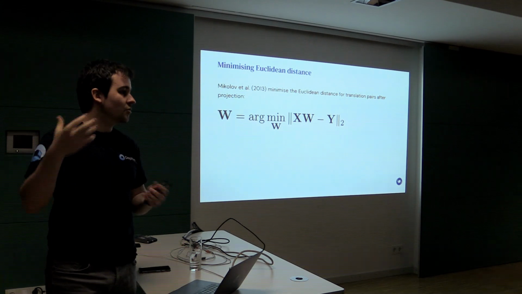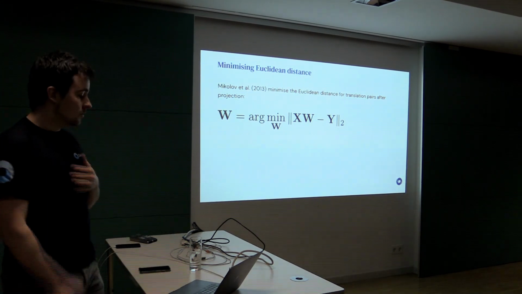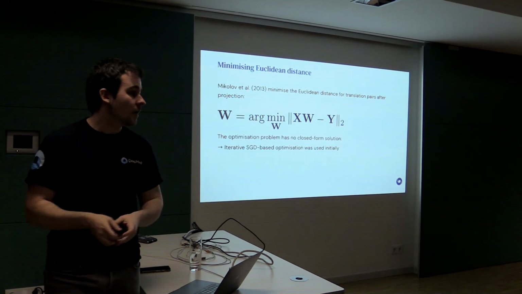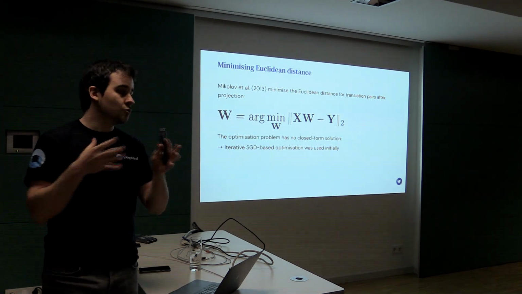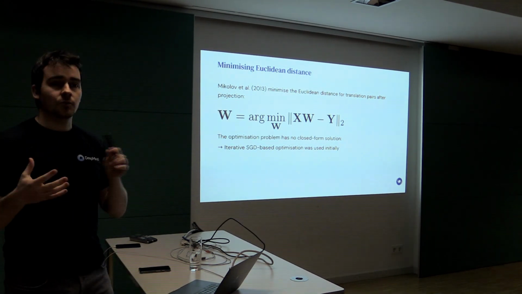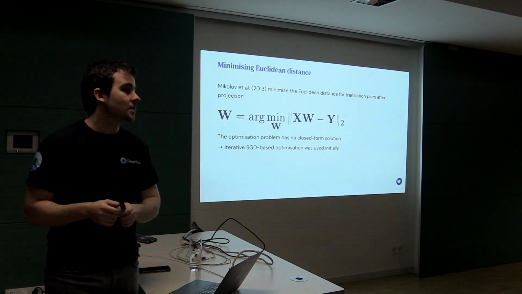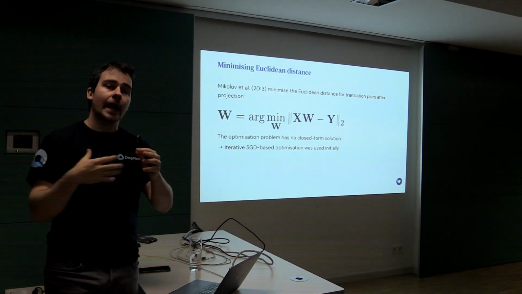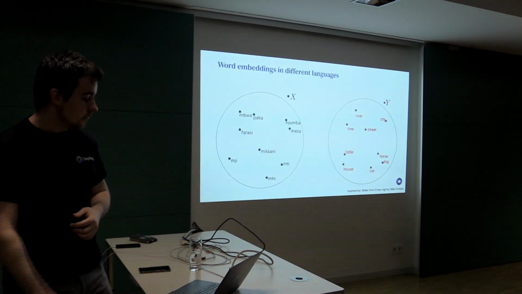Given those translation pairs, we can then iteratively, by applying SGD, try to find the matrix W so that it brings the projected embedding space and the target embedding space as close together as possible.